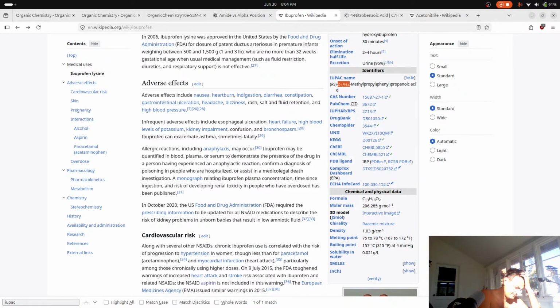So it's 2, 4, 2-methylpropyl phenyl propanoic acid.